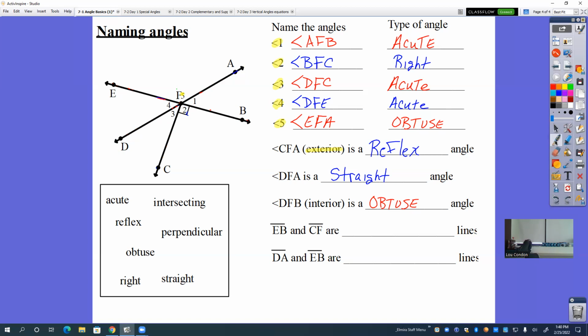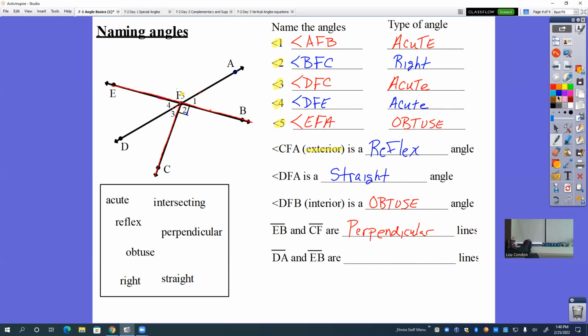So we have line EB and CF. They come together to create a 90-degree angle. So therefore, they are perpendicular lines.